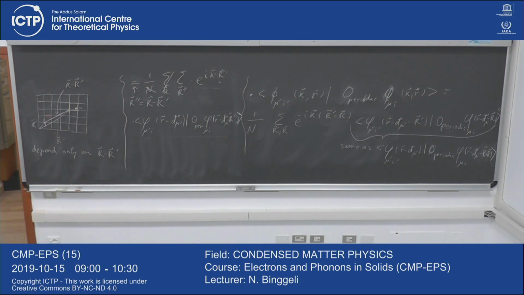That's the simplification. So with the tight binding wave function, one can simplify the double sum in just a simple single sum. Okay? All right, so that's the first simplification.